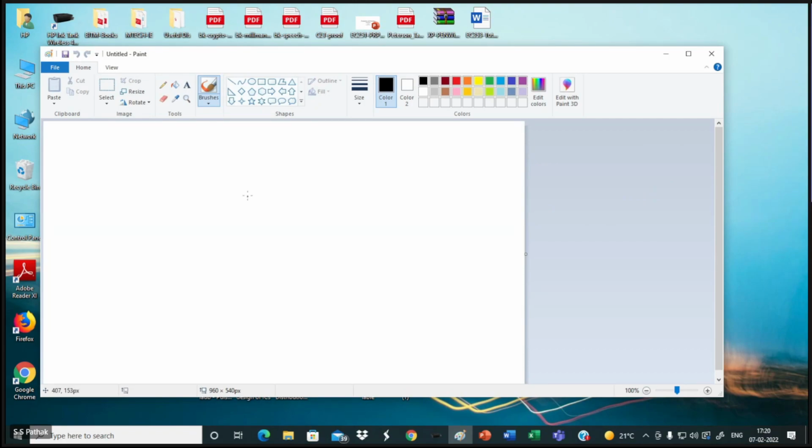V naught is this one. I'm plotting like this. Vi was, let us say, a sinusoidal signal like that. So V naught, I'm putting like that.